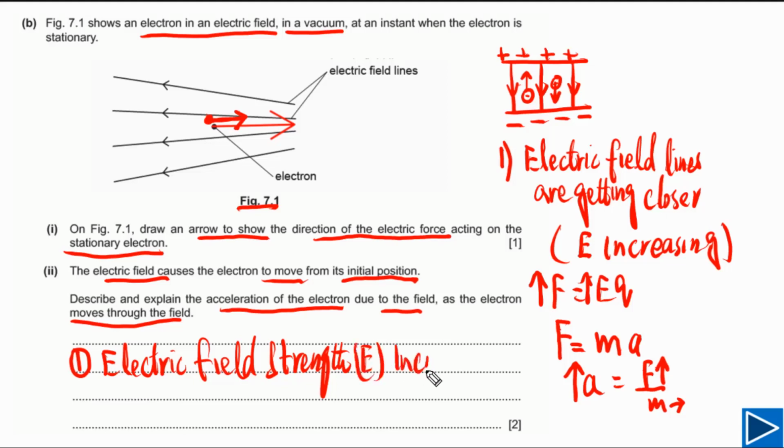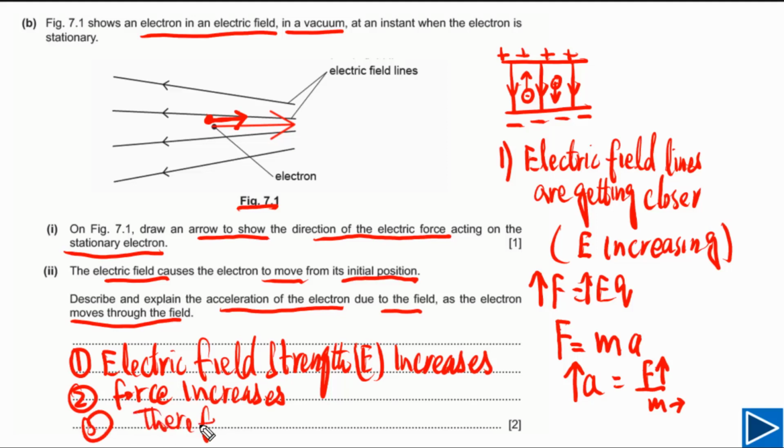This is one point you can write. The second point you can say: the force increases. Or you can say electric field increases, so force increases, therefore acceleration increases. Therefore the third point: acceleration increases. So this is how you can answer this question.